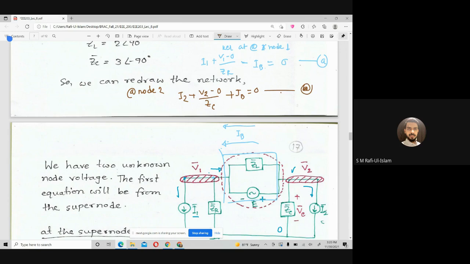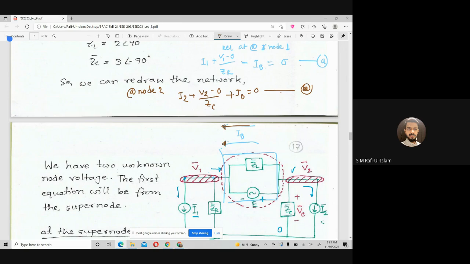But if you have already considered one direction, you can never change it in the middle of the equations. Since we have considered it flowing from right to left, I have already decided that direction. But if you had considered left to right, you will get the same answer. The final answer would be the same.